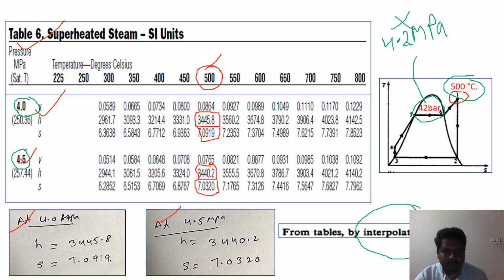Here I have written them. So from this data we can find the enthalpy and entropy values at 4.2 megapascal by interpolation.